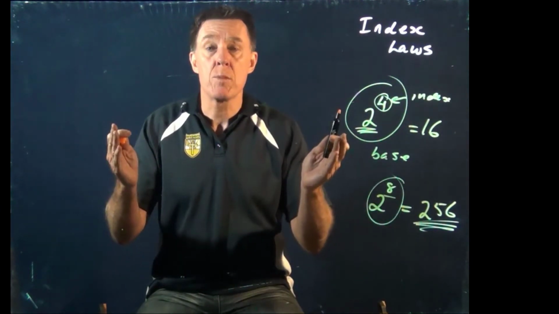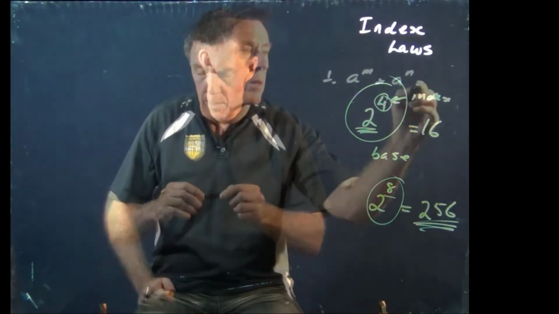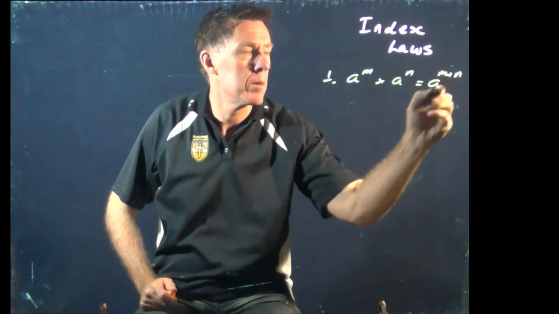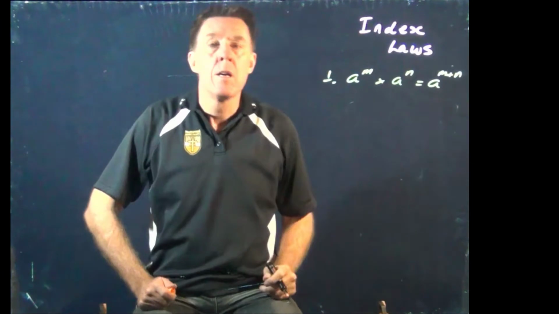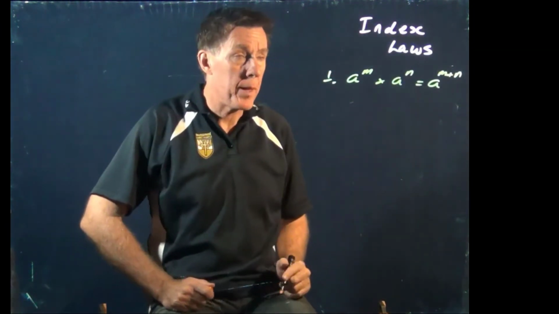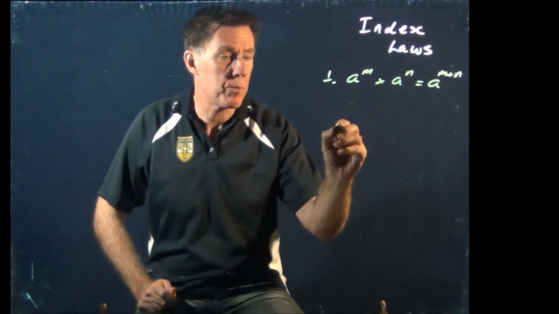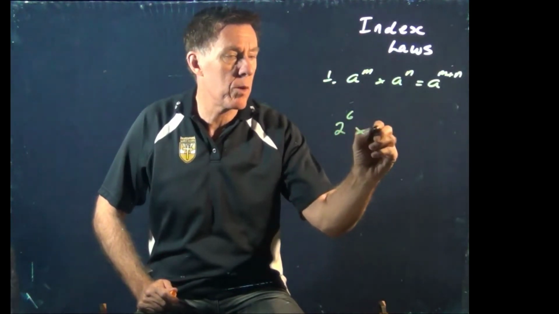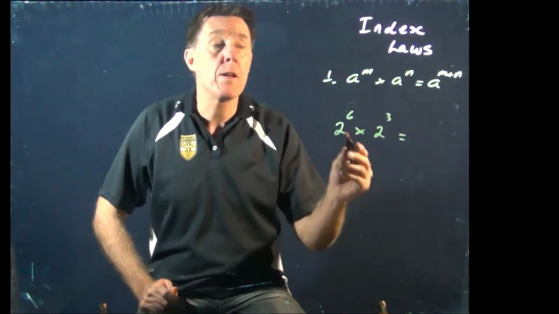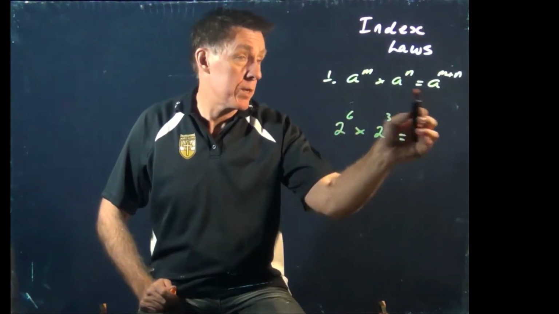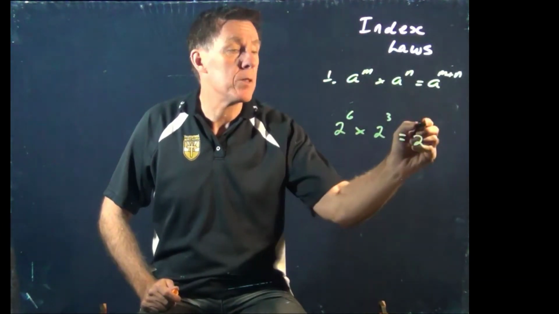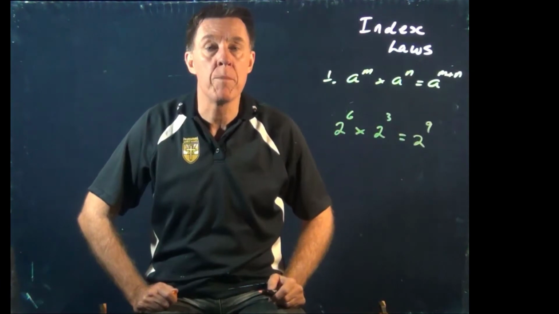Alright, let's go through some of the examples of these 7 rules. So, rule number 1 is when you have powers of the same base being timesed together. For example, 2 to the power 6 multiplied by 2 to the power 3, the answer is going to be, keep the base the same and add the indices, 2 to the power 9.